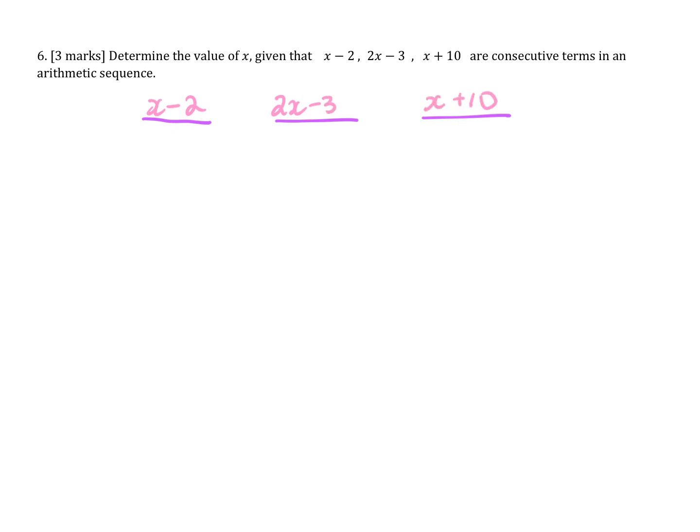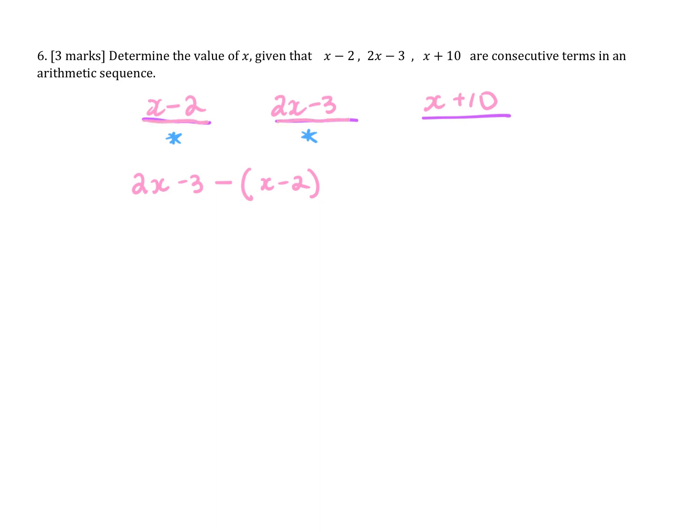Okay, if we have an arithmetic sequence, then this one minus this one is equal to this one minus this one. Let's do that again. We have this one here minus this one here. Let's write that down. 2x minus 3 minus (x minus 2). This one minus this one.